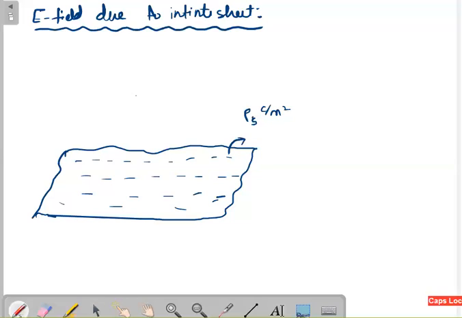Now I take some imaginary surface like this. Okay, this is the imaginary surface.